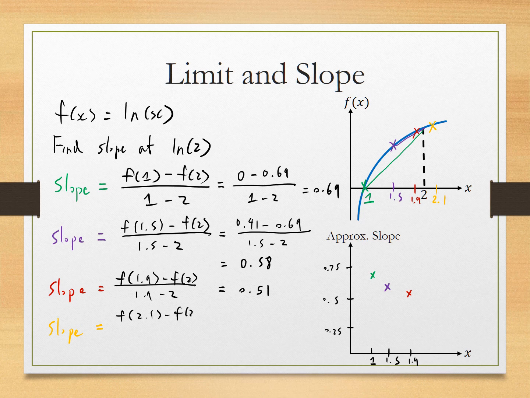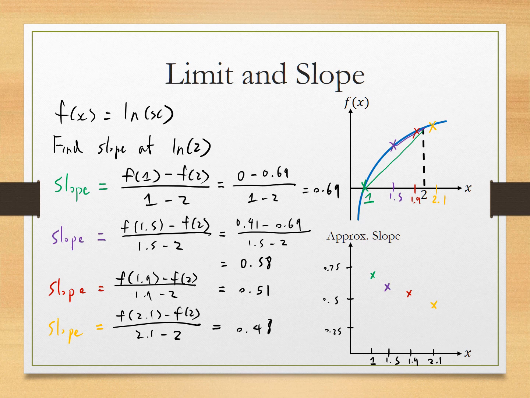F2.1 minus F2 over 2.1 minus 2. And once again, punch the calculator. Log 2.1 minus log 2, and divide by 2.1 minus 2, that's 0.48. So that's the last number we have, and it's somewhere around here.